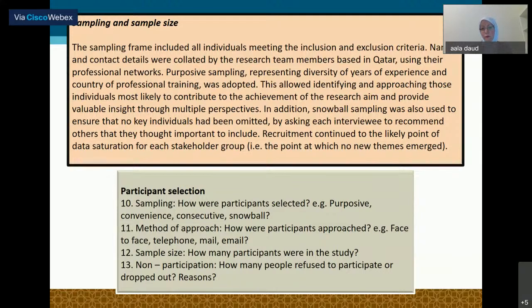So that was the selection. And what do you think? Did they use purposive, snowball sampling? Was that mentioned? Again, yes, they did mention that they used both the purposive sampling and the snowball technique.